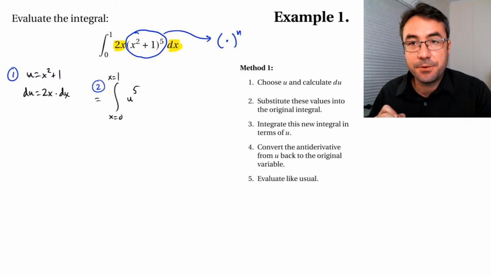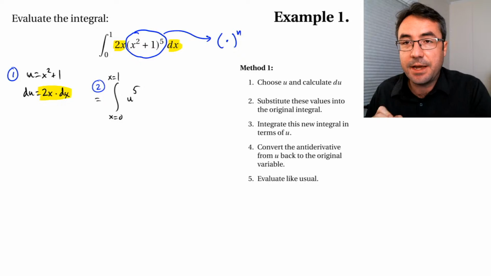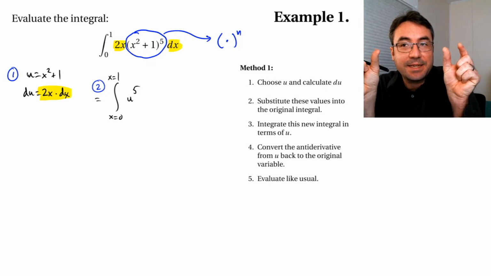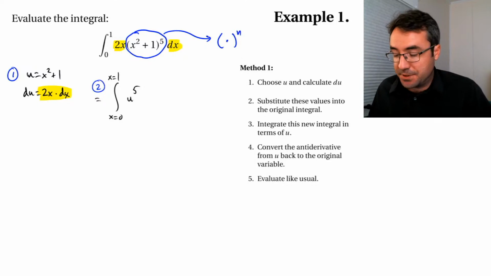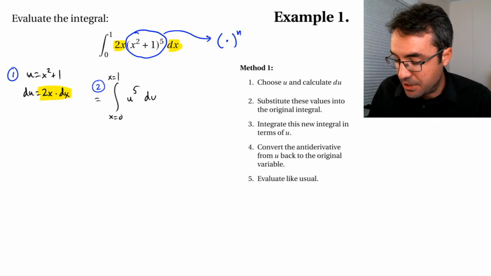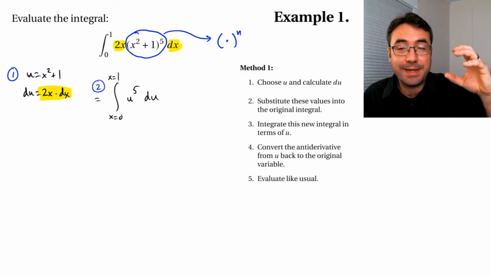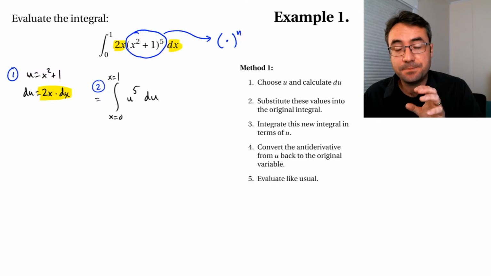And if I compare those, well, it's nice. We have a perfect match. So the 2x and the dx, I can combine those, and they form the du at the end. So I've substituted in u and du into my integral.